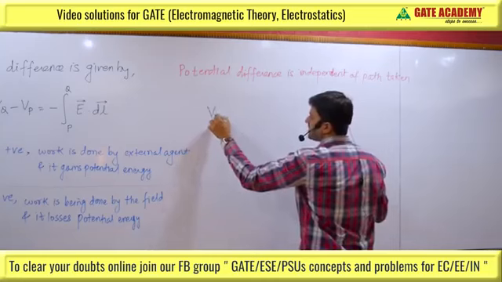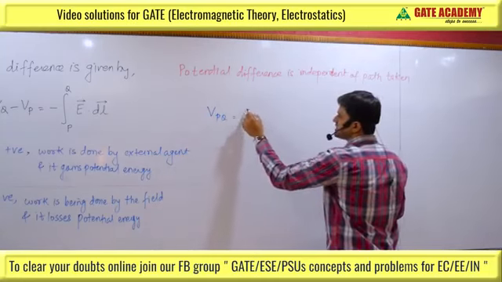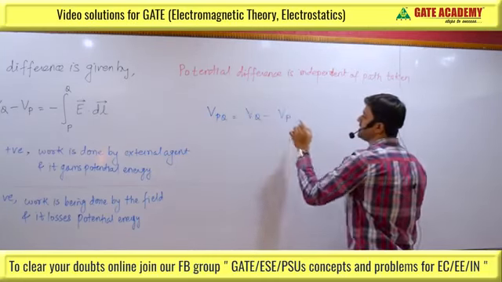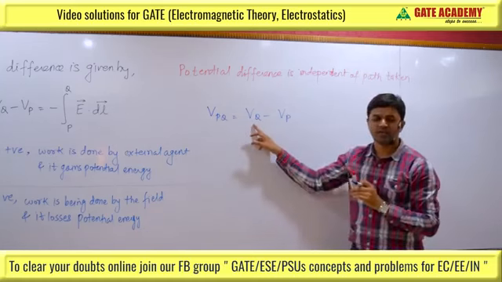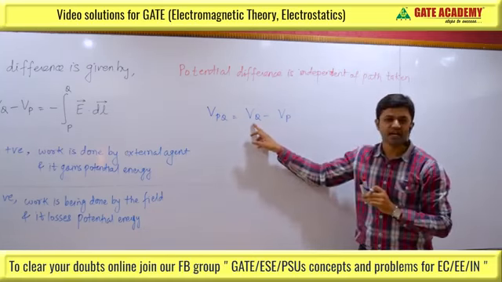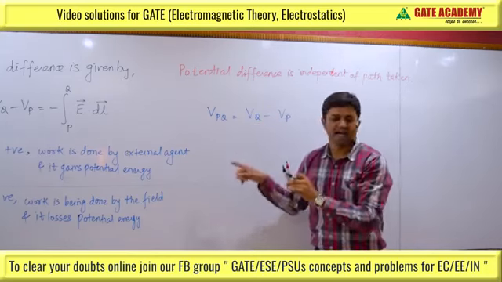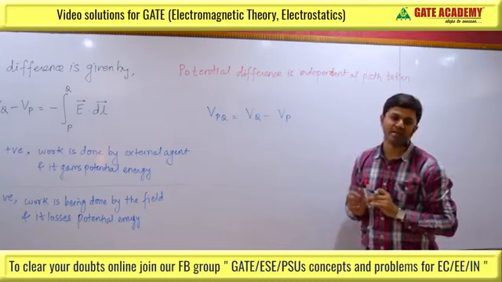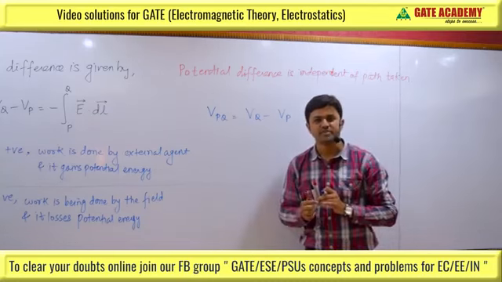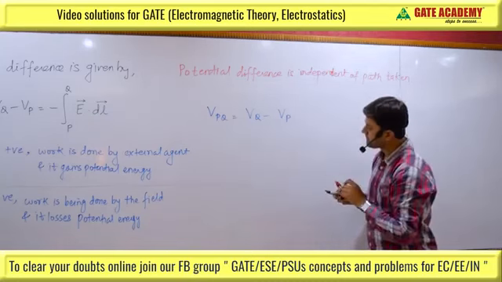So if we calculate VPQ, that is VQ minus VP, VQ is the potential because of the point charge of 1 nanocoulomb at point Q, which is at a distance of 20 millimeter.